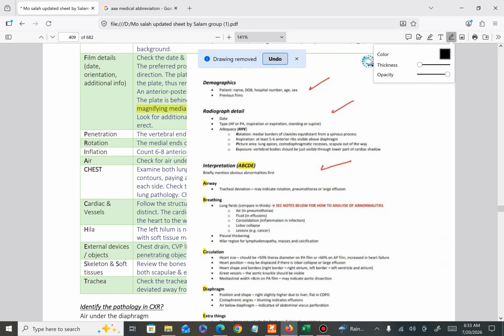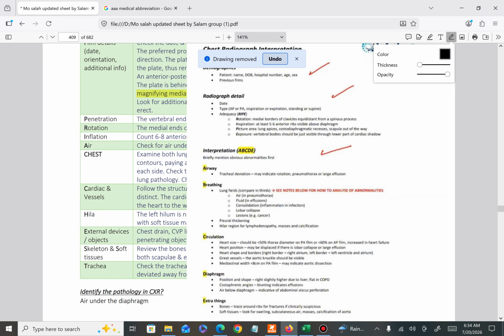I is for inspiration: at least 5 to 6 anterior ribs will be visible above the diaphragm. Then P is for picture area: does the radiograph include the lung apices, the diaphragmatic recess, with the scapula out of the way. Then we look for exposure of the vertebral bodies. So it will be adequate.